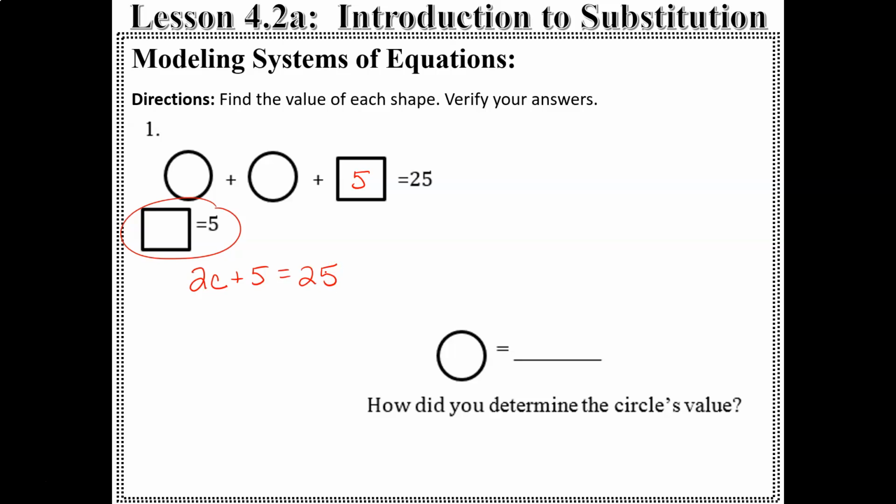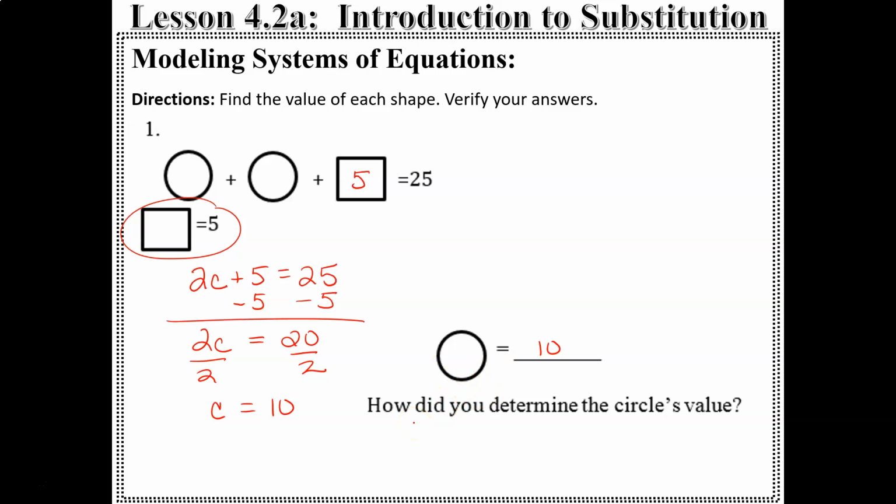We can solve that to isolate C. Let's get rid of that 5 by subtracting 5. So I have 2C equals 20. When I divide by 2 to isolate C, I get C is 10. So each one of those circles is 10. All we did is substitute that 5 in for the square.